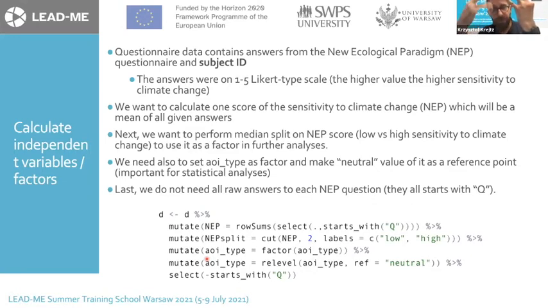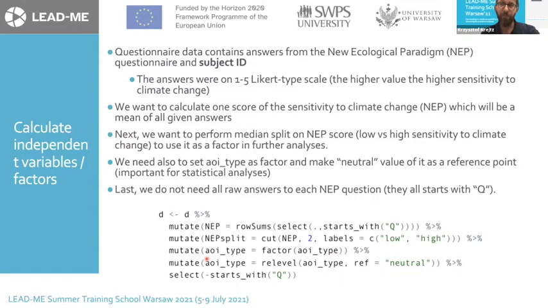If we think about it like a hierarchy, which one should be the base? I think neutral. Am I right? I hope you agree. And then to neutral, I would compare how many fixations were in negative or positive. Neutral should be somehow the reference point for us.